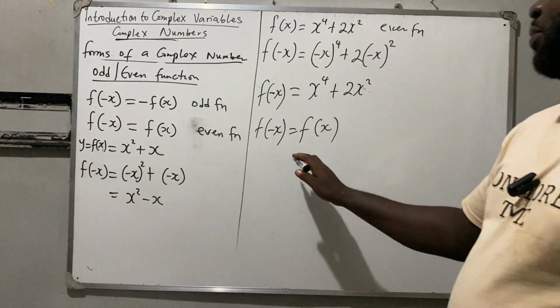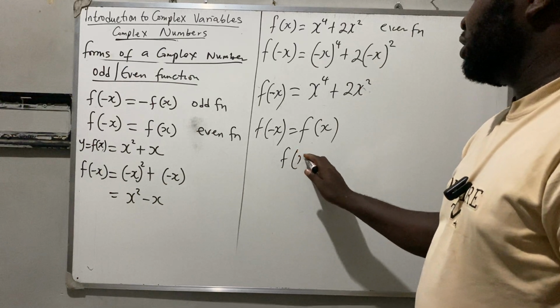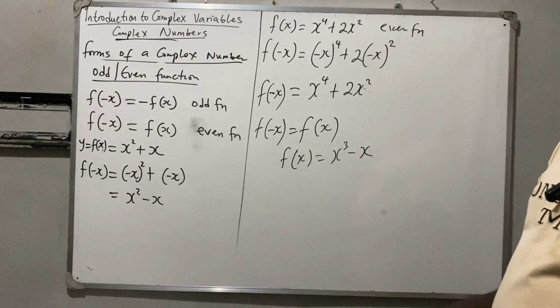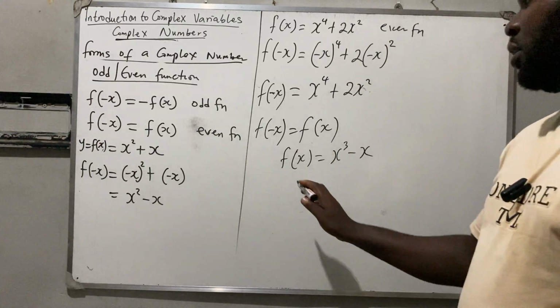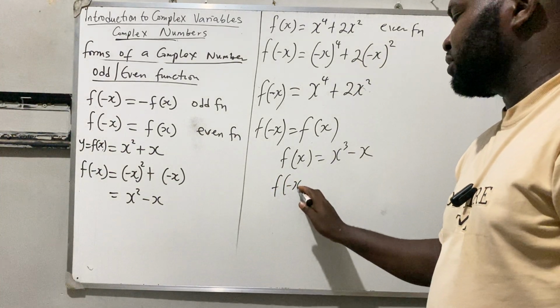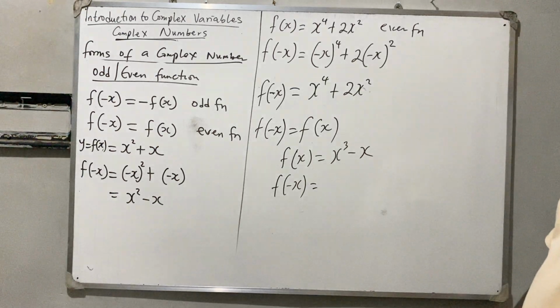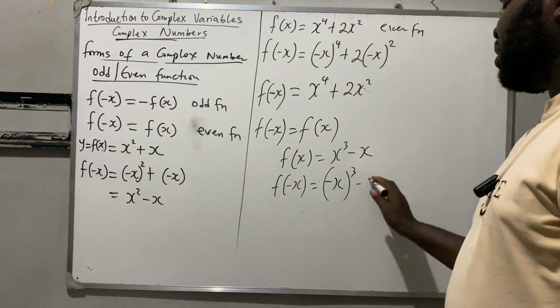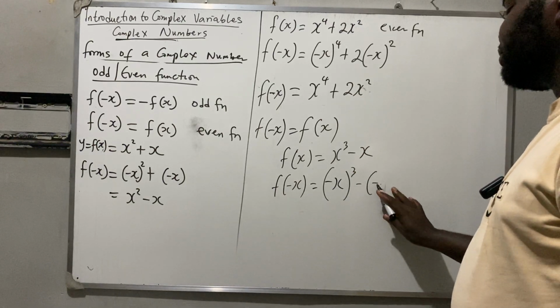Okay. So another example is that if f of x is equal to maybe x cubed minus x, something like this. So let's check if it is even or odd. I will take f of negative x. That means anywhere I see x, I will take negative of it. So this is negative x raised to power 3 minus negative x.